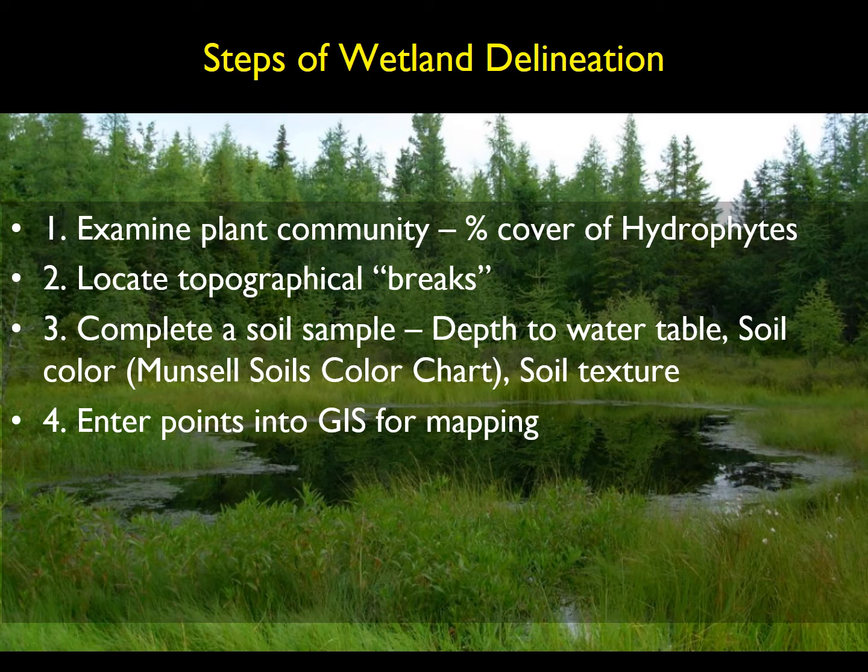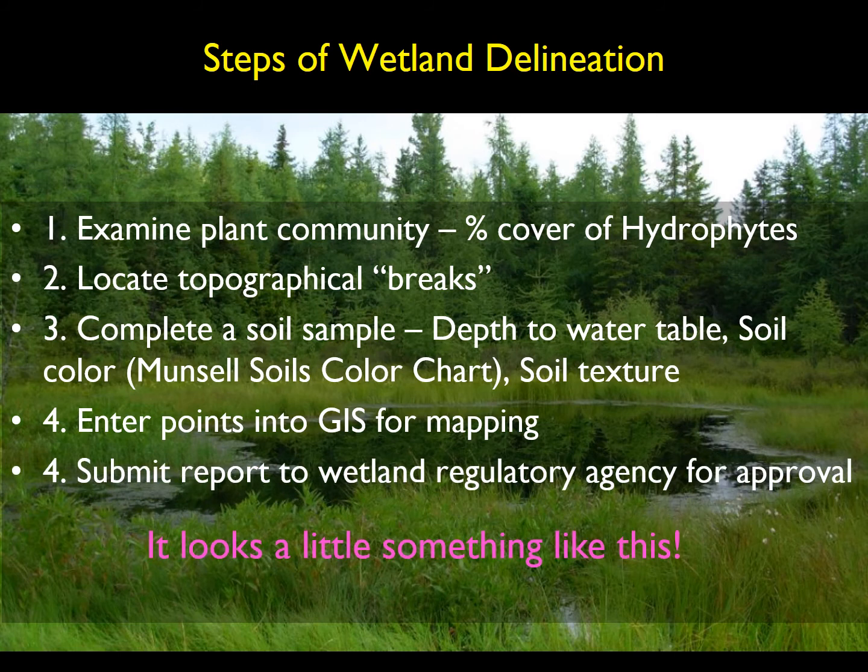Based on that and the topographical breaks, you'd use GIS software to create a file that delineates that. And then you'd send that to whatever regulatory agency has jurisdiction over that wetland, generally the state, but of course if there were federal properties involved, it would be at the national level.